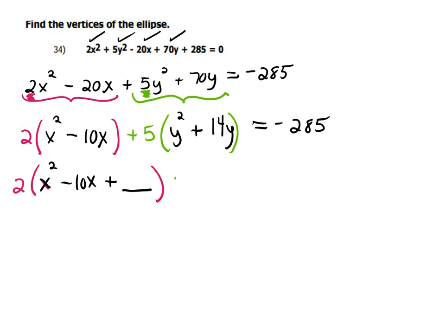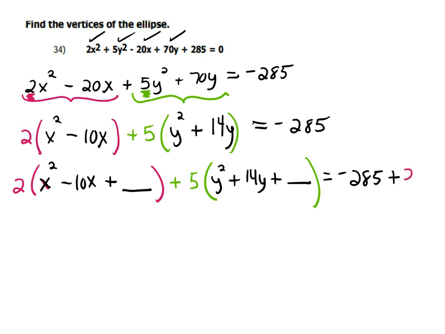And then plus the 5 times the y squared plus 14y plus blank equals the minus 285 plus, now this first blank, there's a 2 in front of it, so I'm going to have to multiply the 2 times whatever I put in that blank.